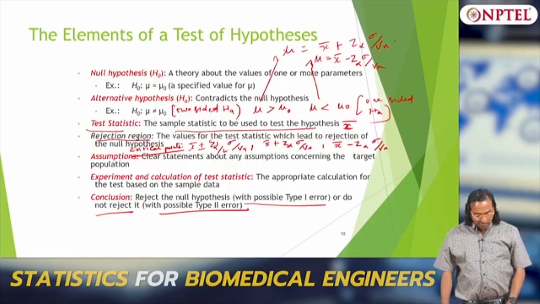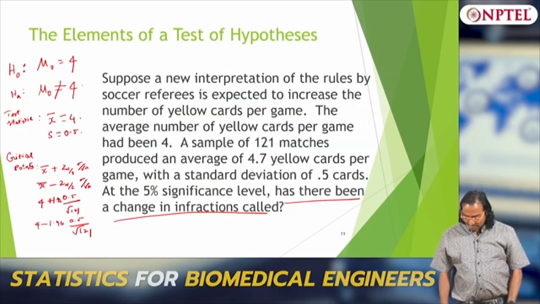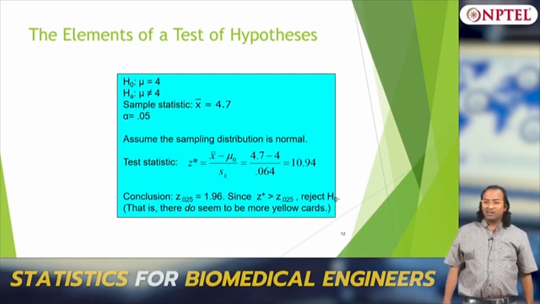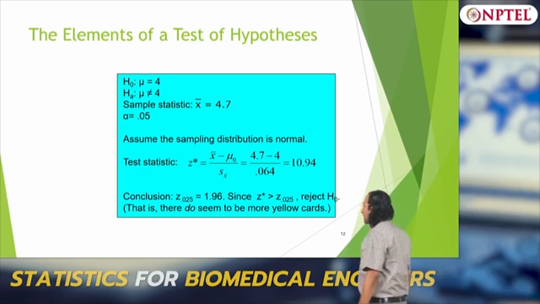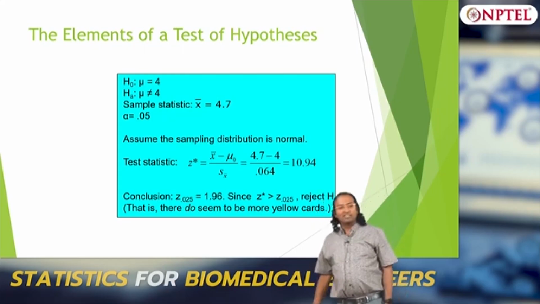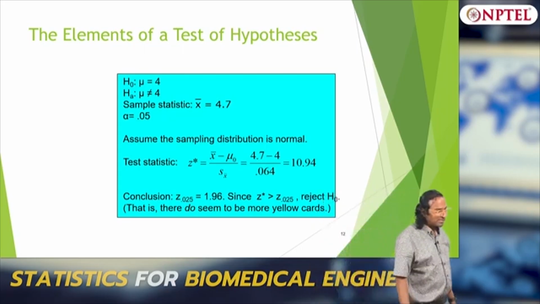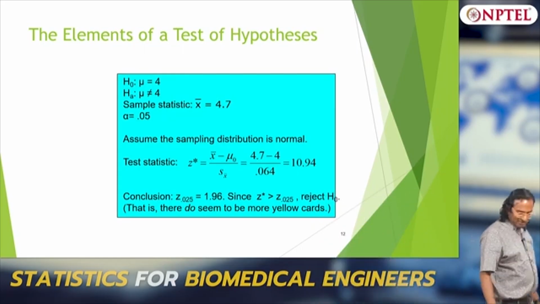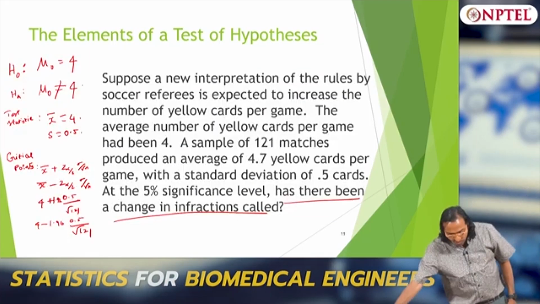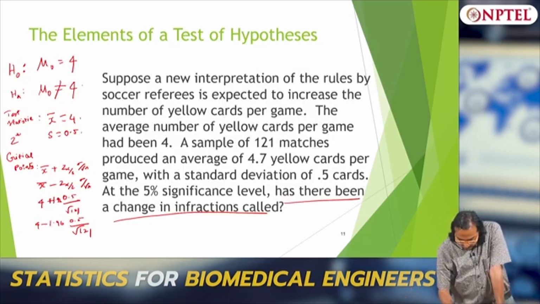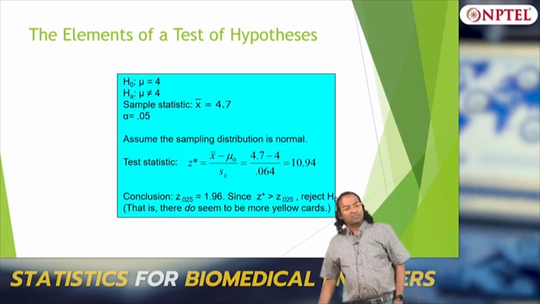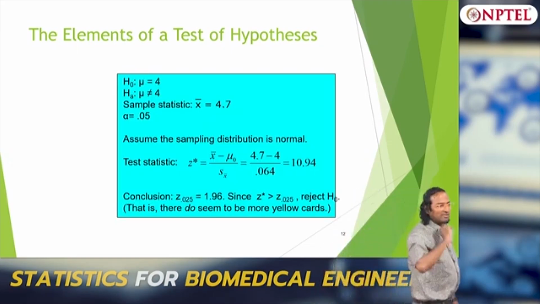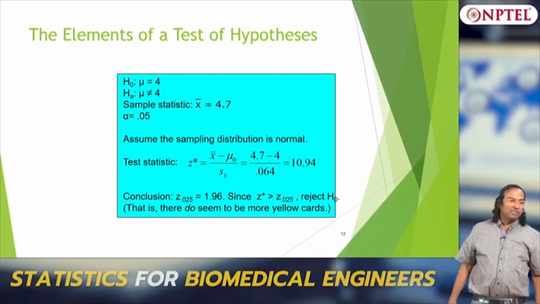I should convert the X bar also to standard normal. So my test statistic is not X bar alone, my test statistic is normalized X bar, which is Z star, right. That is a catch. So you always compare against your standard normal distribution. So your X bar also has to be normalized, made into standard normal.